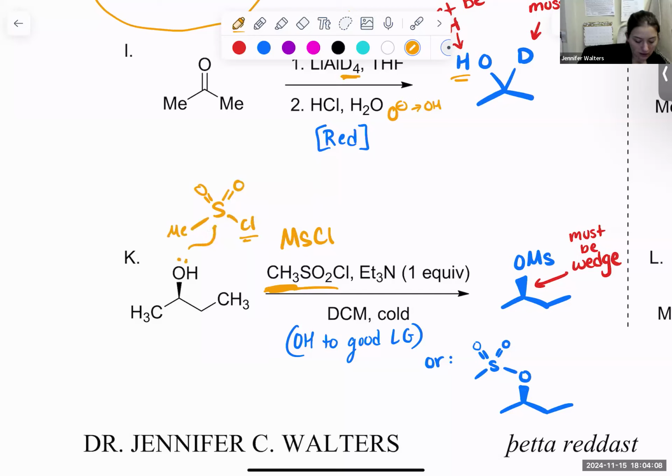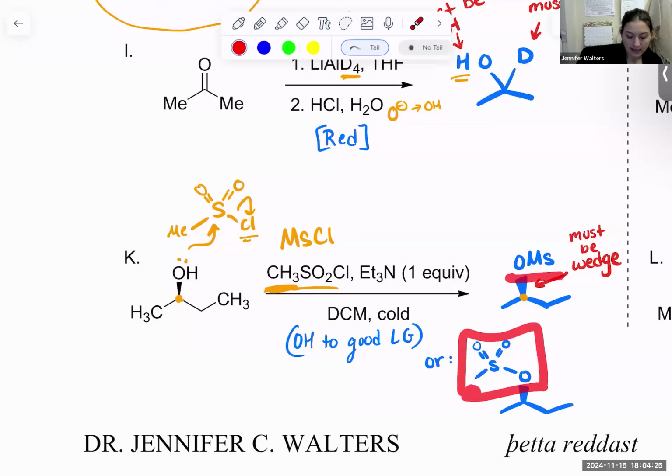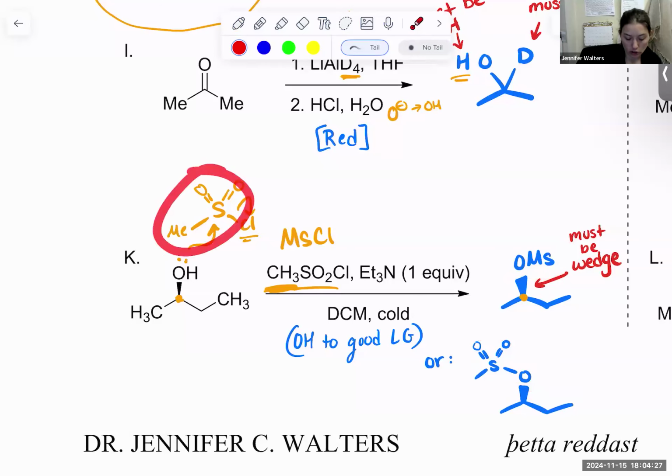Your nucleophile is going to be the oxygen. Remember that only the electrophile sees inversion of stereochemistry. So that is going to retain stereochemistry because it's my nucleophile, so it stays a wedge. So if you wrote it as OMs, or just drew the structure, or wrote the condensed form, whatever, all of that was accepted.